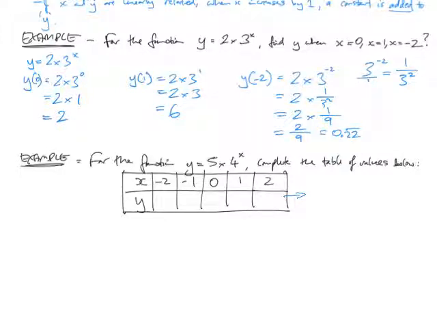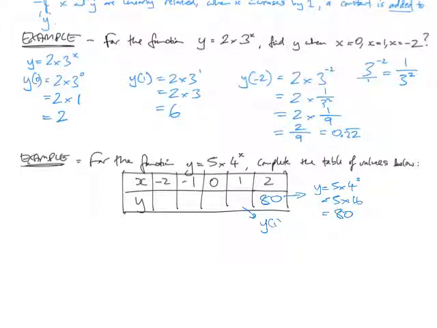The function is y is equal to 5 times by 4 to the power of whatever x is. In this case, it's going to be x to the power of 2. 5 times by 4 to the power of 2, which is 4 squared, 4 times by 4 is 16. 5 times by 16, 80. So 80 goes there.